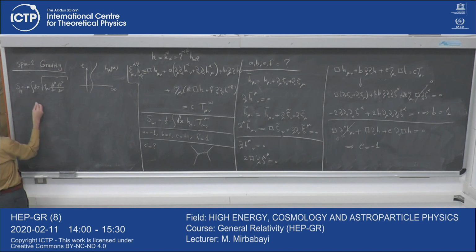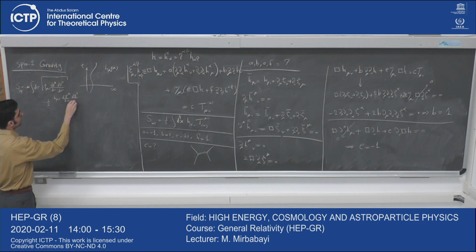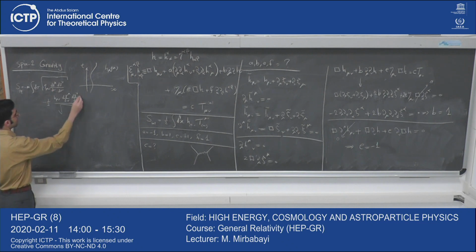And to this action we need to add the extra term, which is minus 1/2 h_{μν} dx^μ/dσ dx^ν/dσ divided by the same square root.